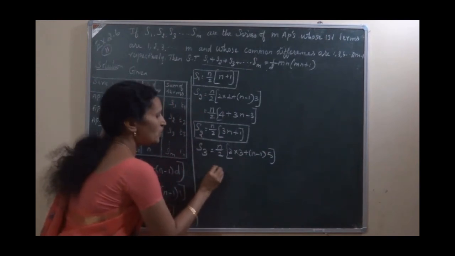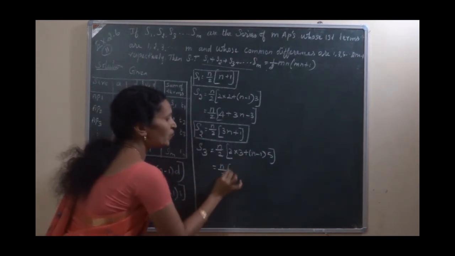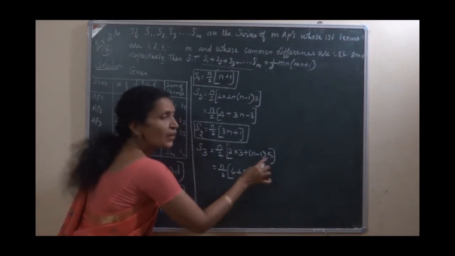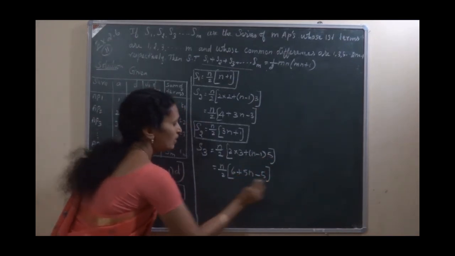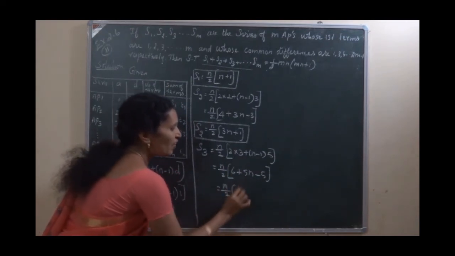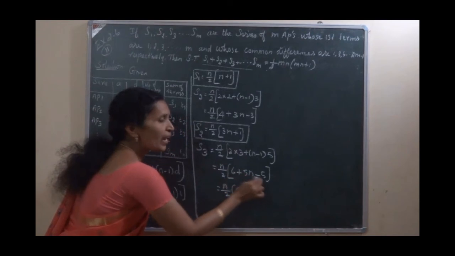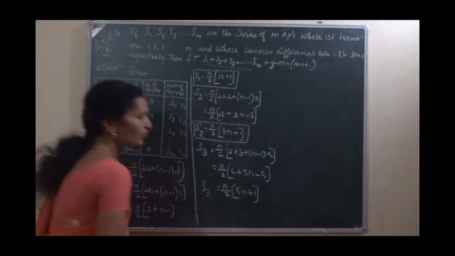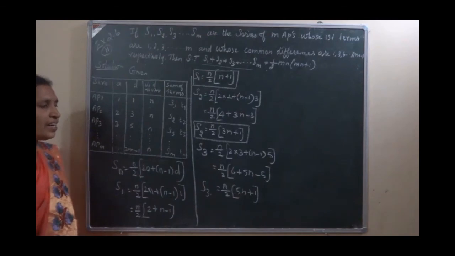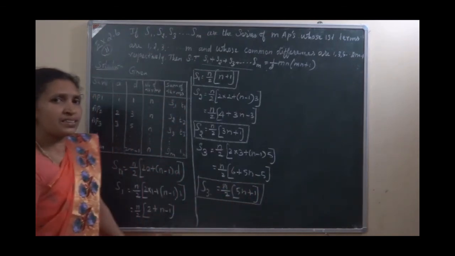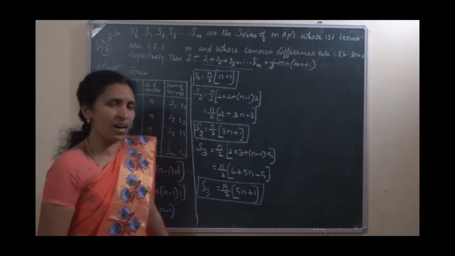So this is equal to n by 2 into (6 plus 5n minus 5), so n by 2 into (5n plus 1). This is S3. Okay students, already I said you have to consider S1, S2, S3 as T1, T2, T3 etc.